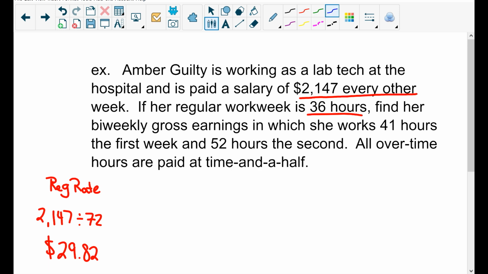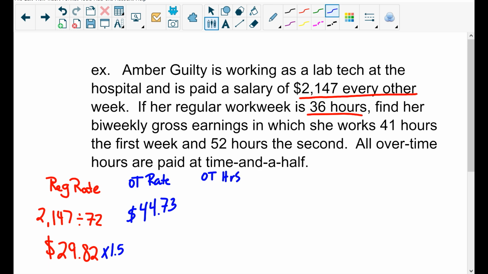Now let's talk about our overtime rate, so OT rate. Again, we're taking that regular rate times the 1.5, so 29.82 times 1.5 gives me what? $44.73. Good. Now let's talk about our overtime hours.